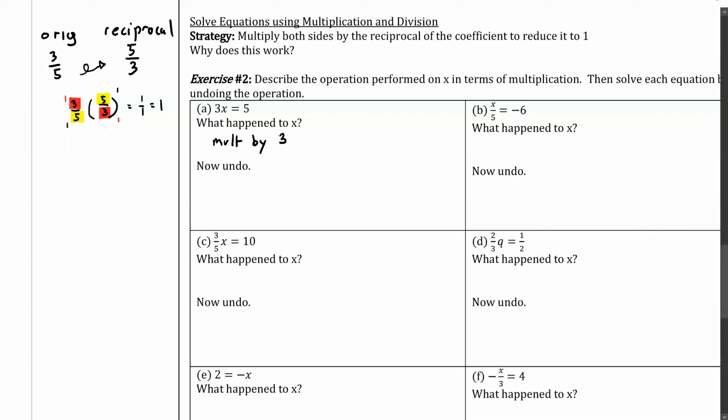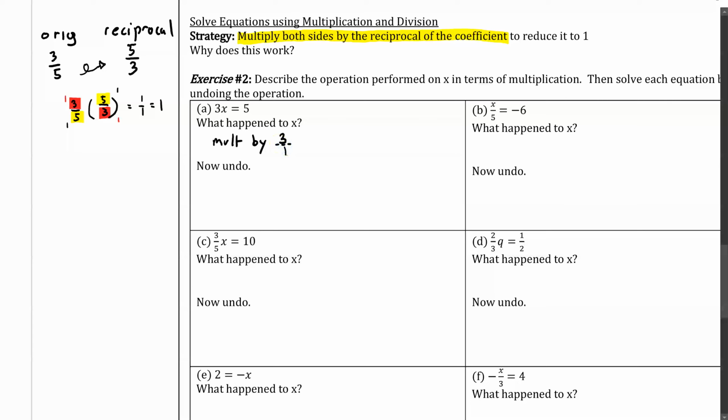Now, normally, in order to do the, quote, opposite operation, the opposite of multiplying is dividing. But rather than dividing, what I'm going to highlight is the strategy that we can multiply both sides by the reciprocal of the coefficient. So here's what I mean. Instead of leaving this as multiply by 3, I'm going to write this as multiply by 3 over 1.